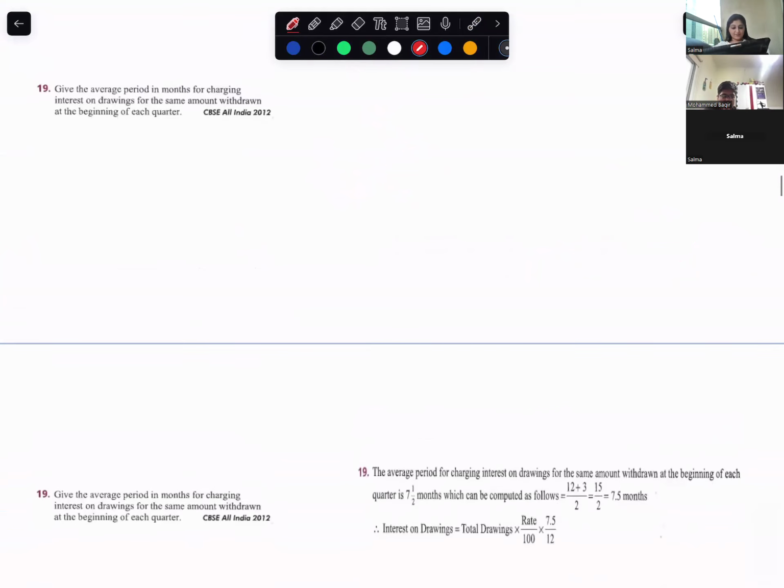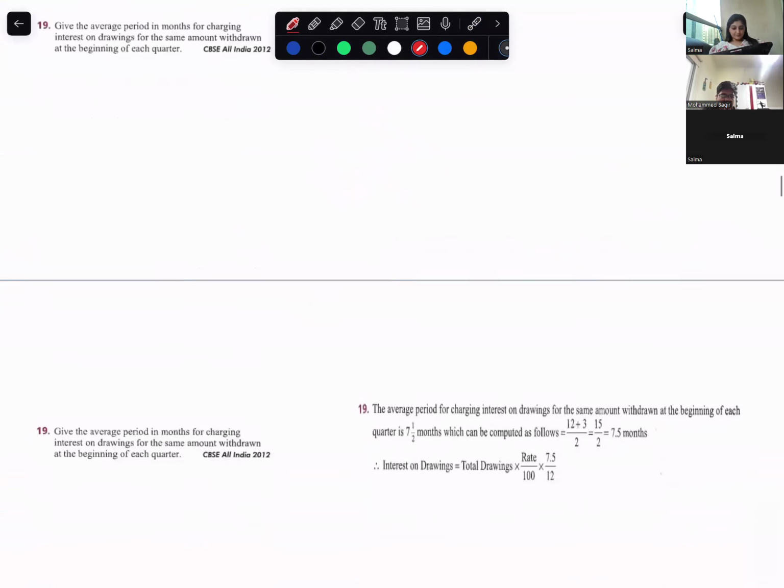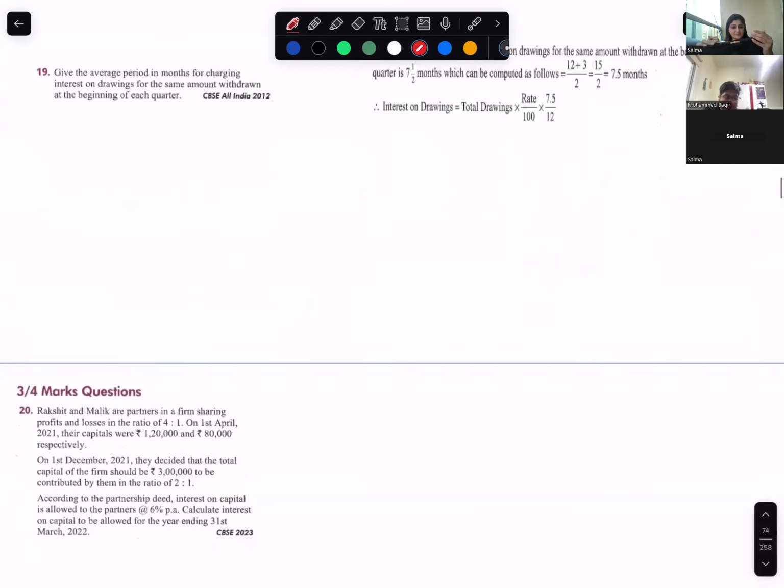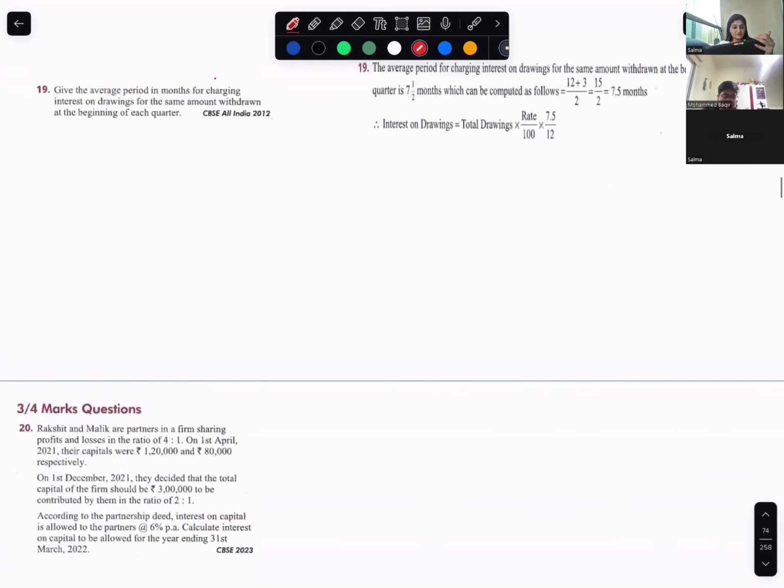Can you read the question, please? Give the average period in months for charging interest on drawings for the same amount withdrawn at the beginning of each quarter. So what is the average period in months for charging interest on drawings at the beginning of each quarter? How do we learn it?